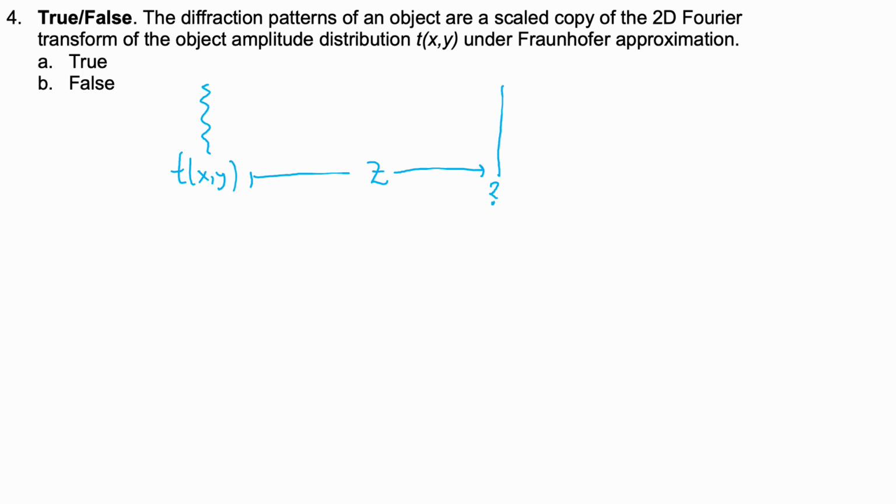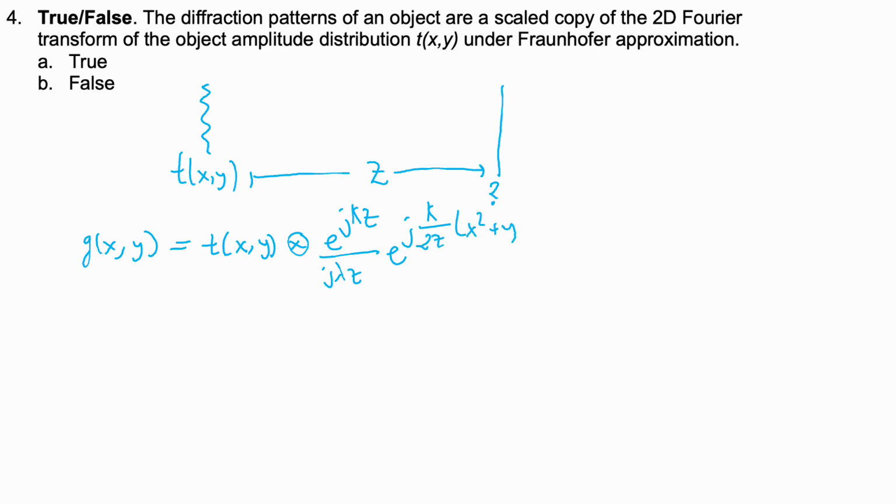So we know that the resultant, the light propagating a distance c, is our object transmittance convolved with the free propagation kernel, 1 over j lambda c, and here we have our spherical waveform expressed in the paraxial approximation, right?